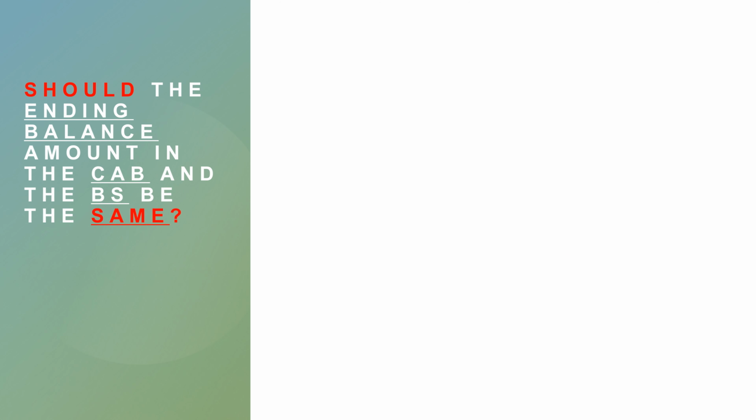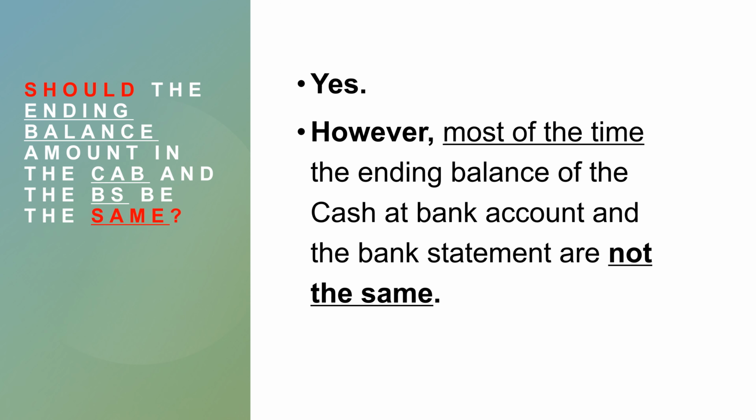Should the ending balance in the cash at bank and the bank statement be the same? Yes, logically they should be the same because it's basically the business's money. The business money that is reflected in the bank statement should also be the same as what is reflected in the cash at bank account. However, most of the time, the ending balances of the cash at bank account and the bank statement are not the same.